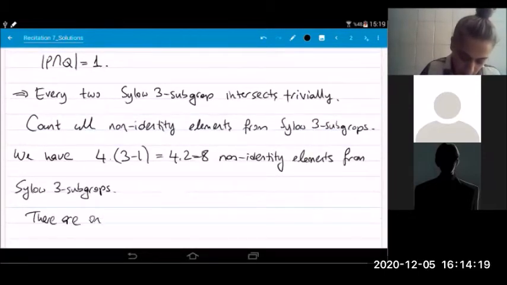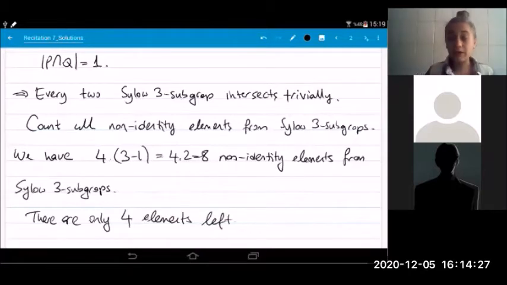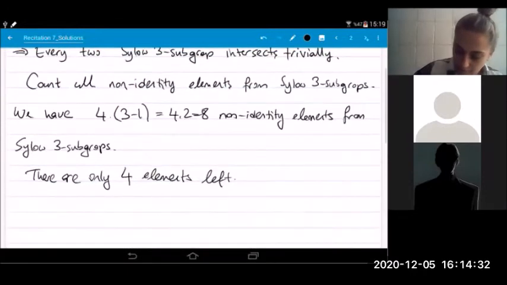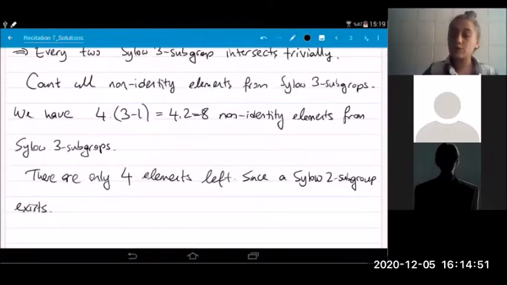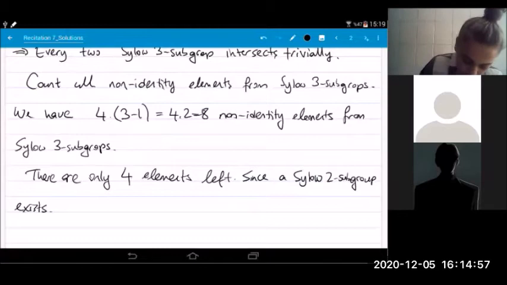There are only 4 elements left. And we know that a Sylow 2 subgroup exists, since the group has order 12. This means that all of these 4 elements lie in a unique Sylow 2 subgroup.